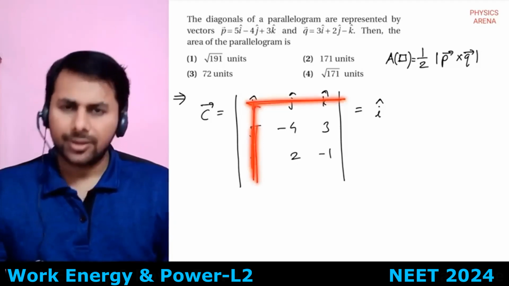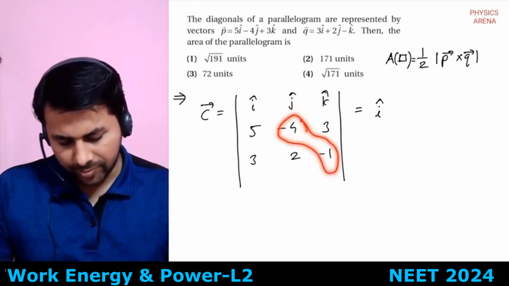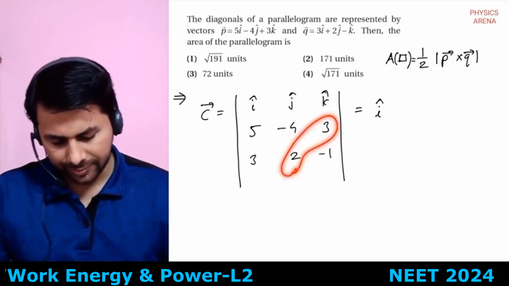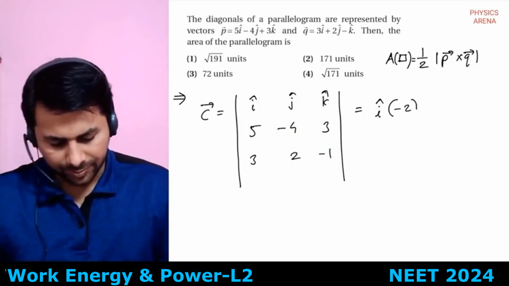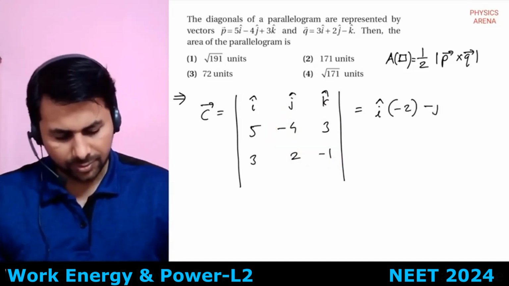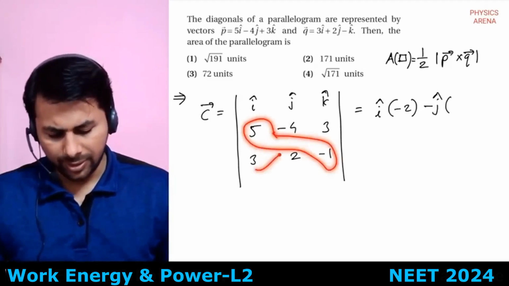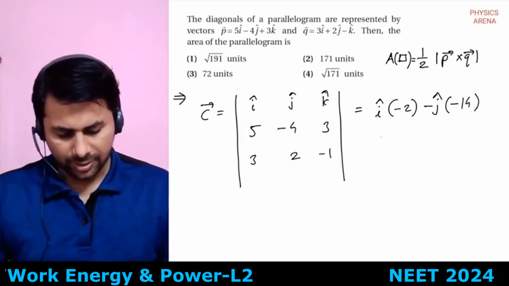Okay, this row and this column. So it is minus 4 times minus 1, 4, 4 minus 6, it's 4 minus 6, minus 2. Minus j cap times, it is minus 5 minus 9. So here you have minus 14.